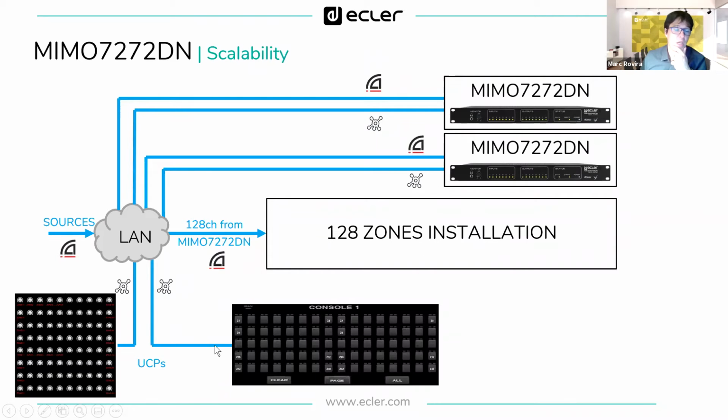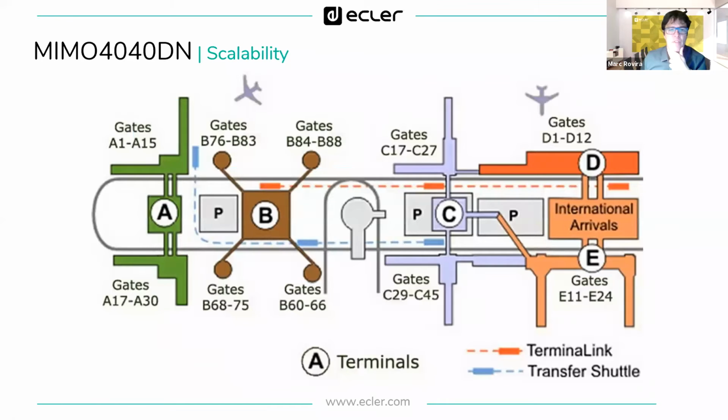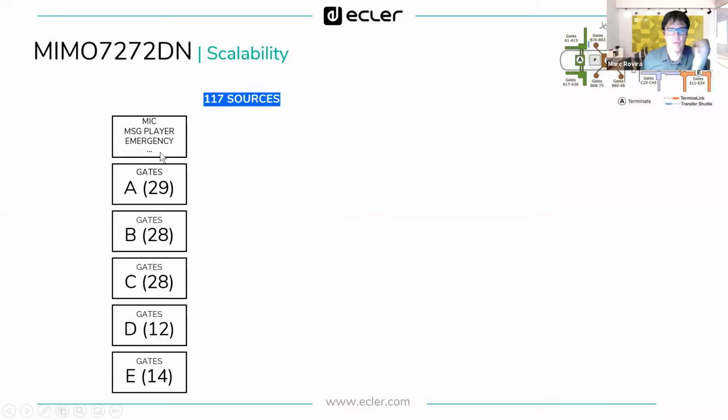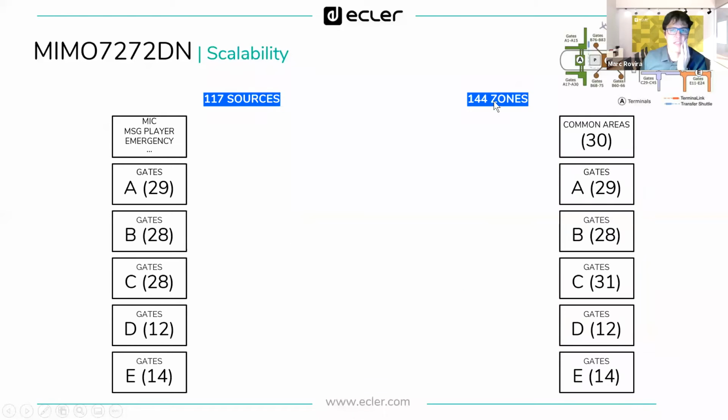We'll have to make the corresponding UCPs. Let's put this in an example. If we've got an airport, with many gates and different common areas, maybe we have 117 sources, and we've got 144 zones. So in this case, it's more or less the same number of sources as zones.